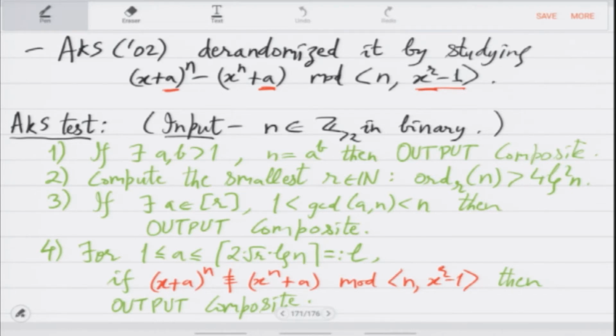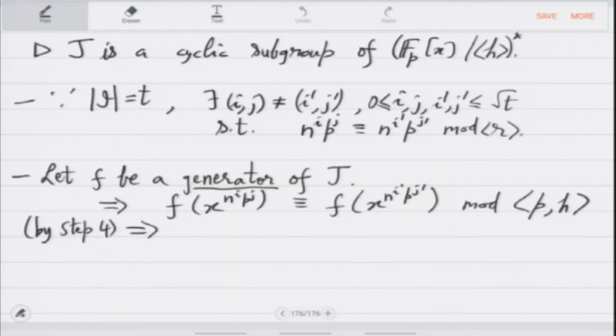So if (x plus a) to the n is x to the n plus a, then since f is a product of such things, you get that the LHS will be equal to f raised to n raised to i p raised to j, and the RHS will be equal to f raised to n raised to i prime p raised to j prime mod p comma h.